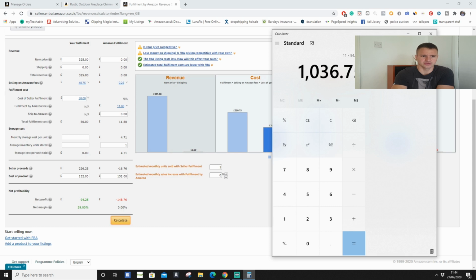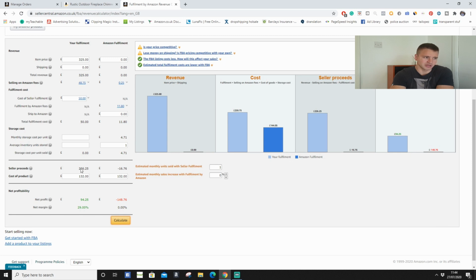It took me like two weeks to sell this, because here's the point: to be able to sell this at such a high price when you buy it for only 132, it's supply. So I price it higher.